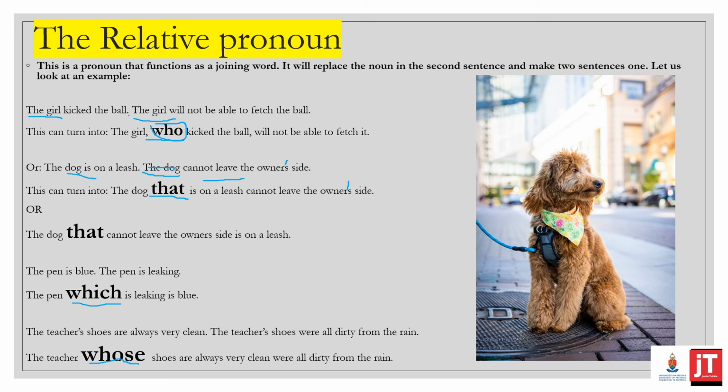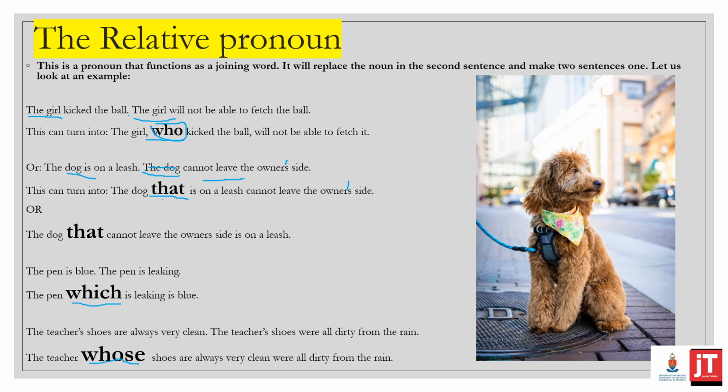I know, dogs are people, dogs are my family, dogs are my babies. I've heard it all before. I don't make the rules, okay? Dogs have to be referred to as that, not who. Or what we could also say is: The dog that cannot leave the owner's side is on a leash.